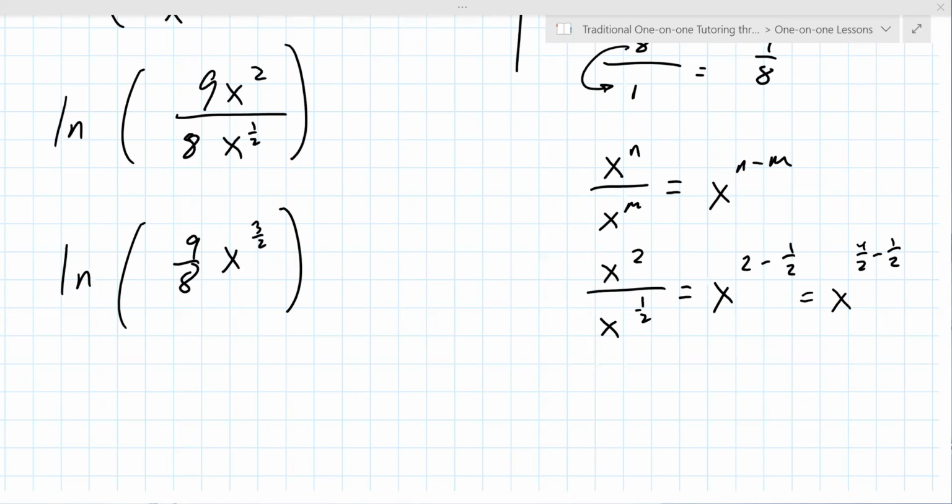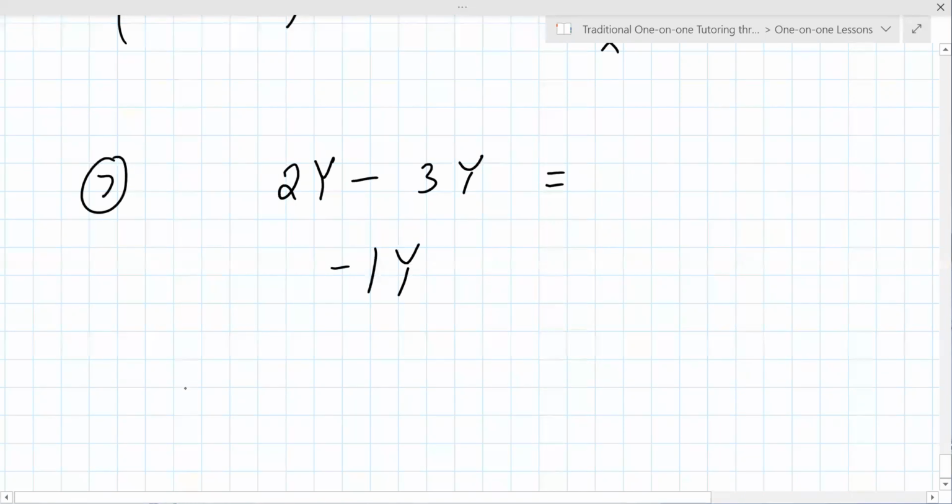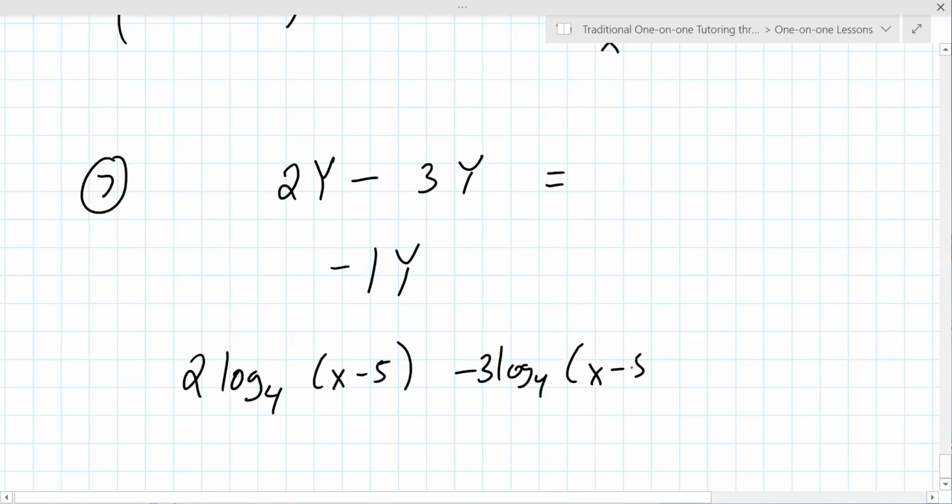Let me snip that in. Let me preface this by saying in number 7, let's say I asked you, what is 2y minus 3y? You would tell me that is -1y. Well, in your problem, you have 2 log base 4 of x minus 5 minus 3 log base 4 of x minus 5. This is your y.